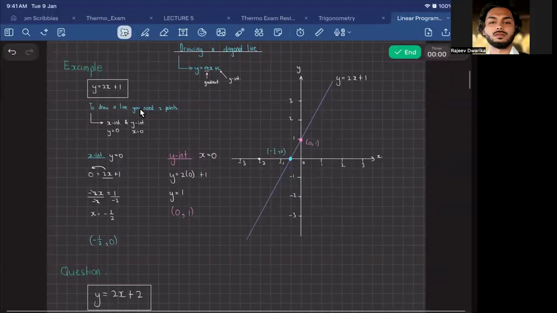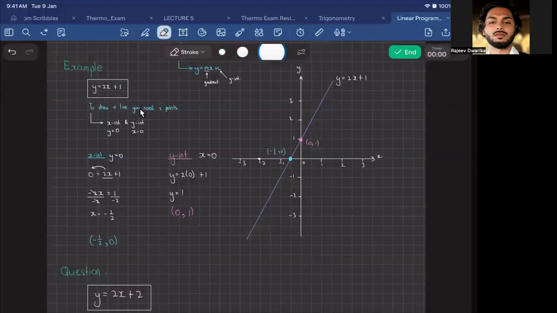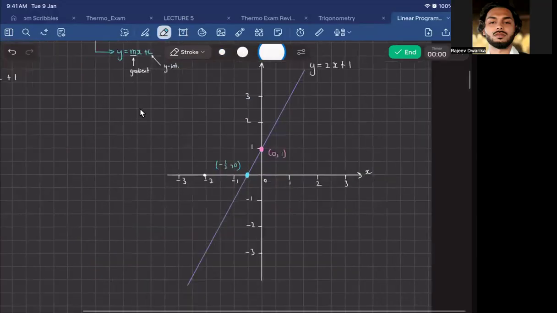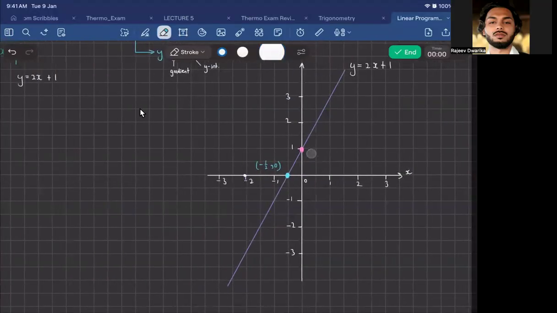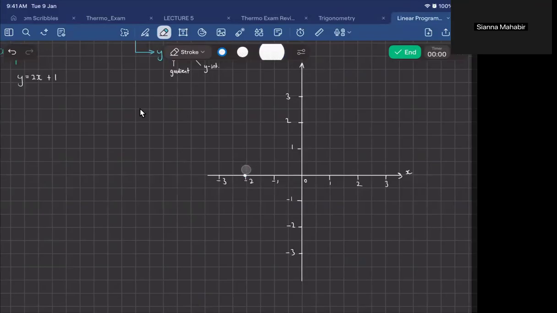All right, so I'm going to erase everything, and we're going to attack it fresh. Okay, can you all remind me how many points I would need to draw a line? 2 points. Now, truth be told, you could use any 2 points.